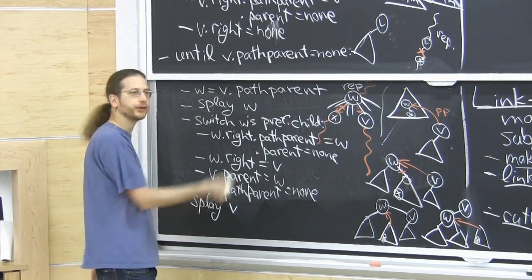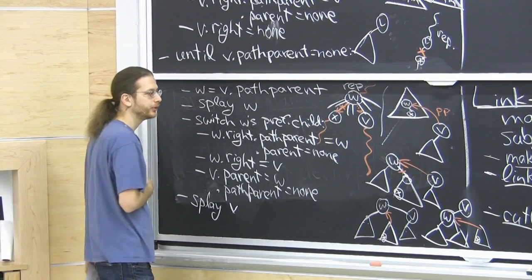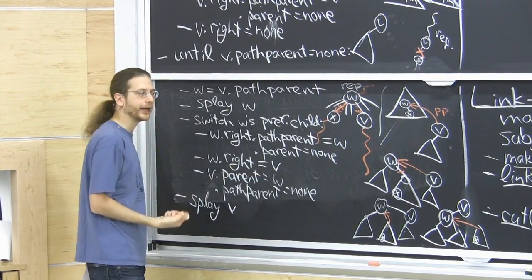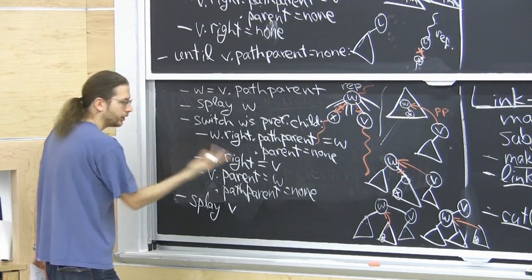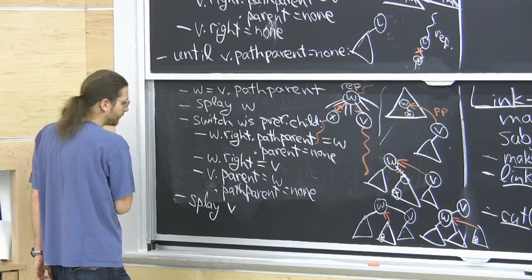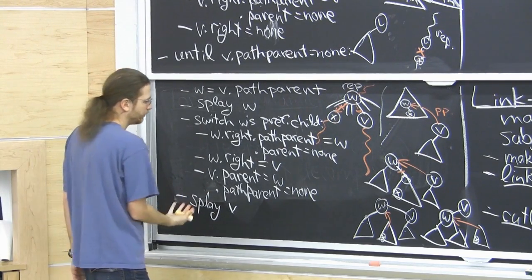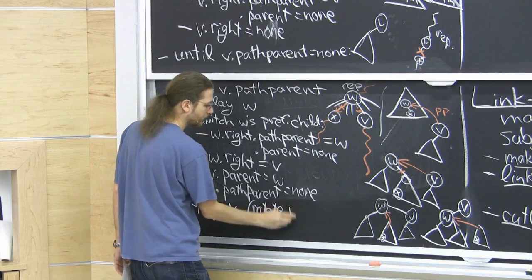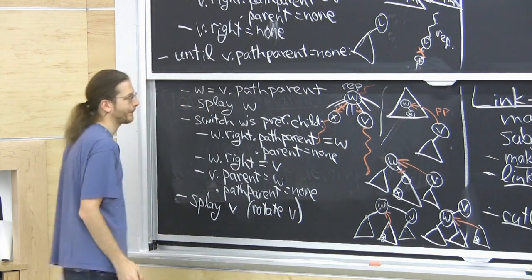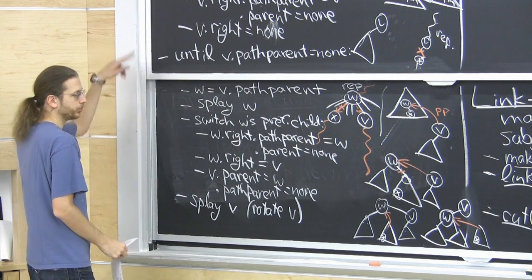But we want v to eventually end up to be the very root. So I'd like to make v the root again after I did this concatenation. And so there you go. You can think of this as a second splay if you want, or as a rotation. Either way. And now we're going to loop.